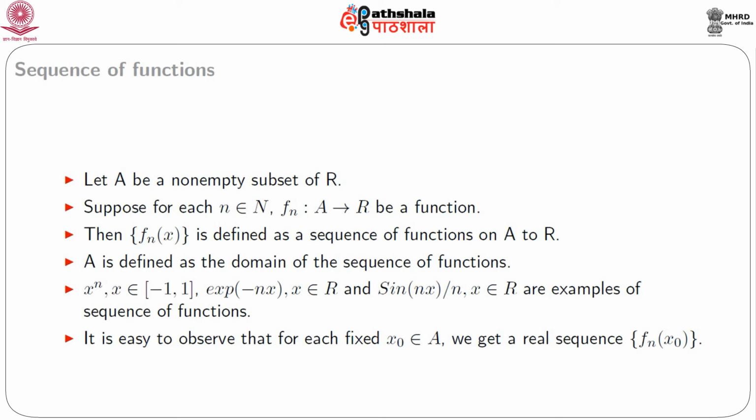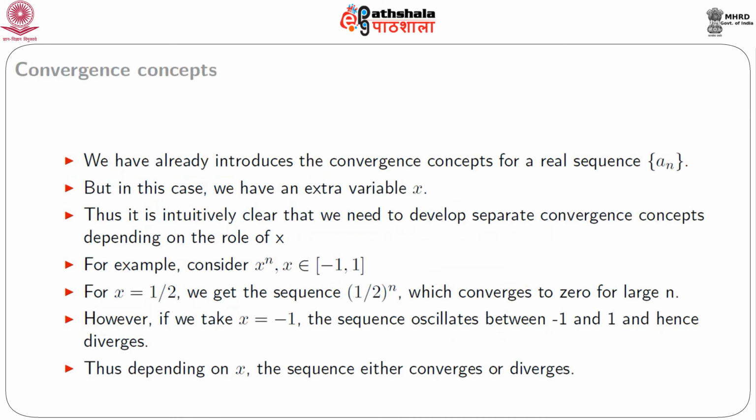It is easy to observe that for each fixed x naught belonging to capital A, we get a real sequence f_n(x naught). That is, if we fix x naught, then the sequence of functions reduces to the ordinary numerical sequence. So, after defining some sequence of functions, it is natural to consider the convergence concepts.